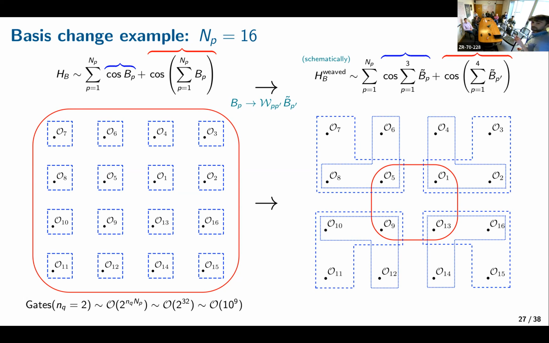For example, there would be a cosine of B7 plus B8 plus B5, and then another cosine with B6 plus B5 plus B8. If you do another estimate of the gates required, plugging in 2 qubits per plaquette for 16 plaquettes, you find that instead of 10 to the 9 gates per step, you need roughly 100.